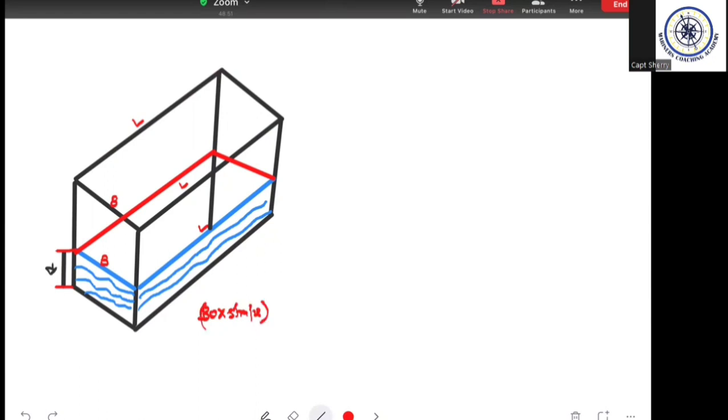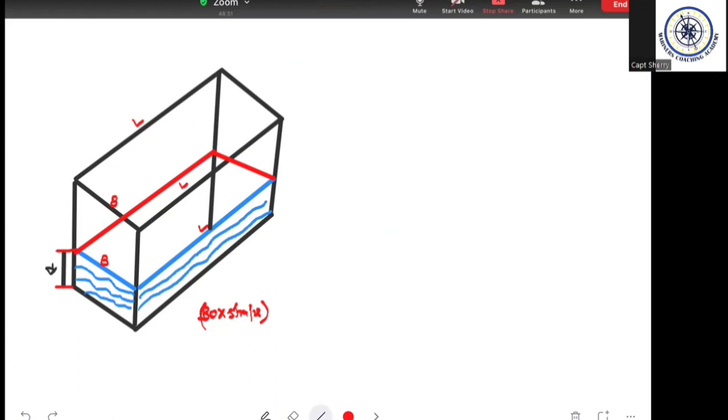The shape and size of a water plane area will depend on the form of a ship at different drafts. In other words, the water plane area of a ship may be different at different drafts. What is a water plane area? It is just the area bound by the ship hull at the sea surface.